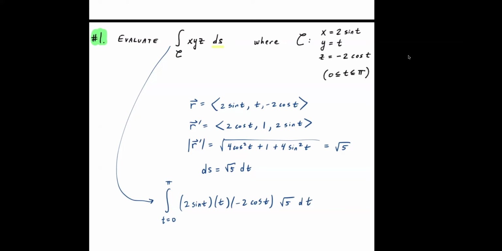Okay, and now you grab the old computer and compute the final answer. So we've gotten from an abstract line integral like this to a form which can be calculated, and that's sort of the goal.